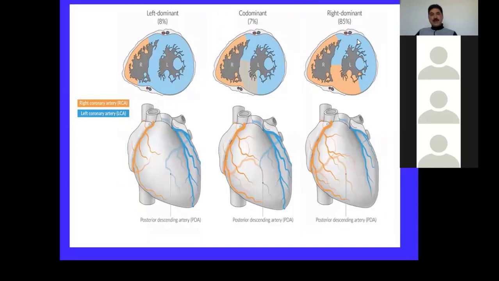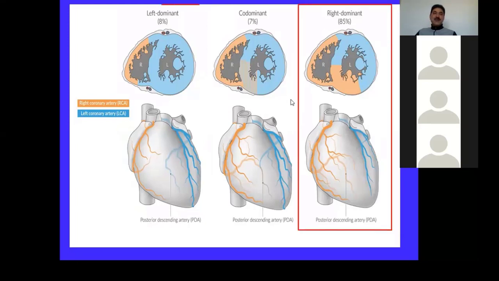In case of right dominance, infarct will involve this right ventricle. Anterior 2/3 of septum will be intact, because that is supplied by the left coronary artery. And what will happen to the posterior 1/3 of the septum? It will be affected, because in case of right dominance, it is supplied by the right coronary artery.